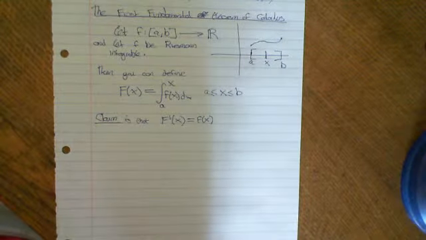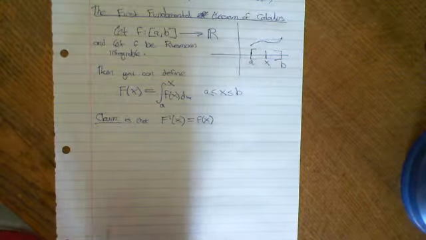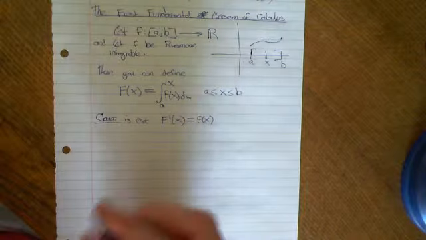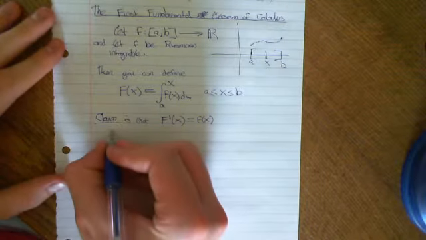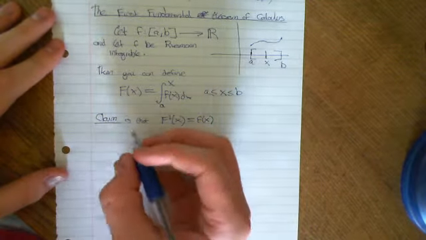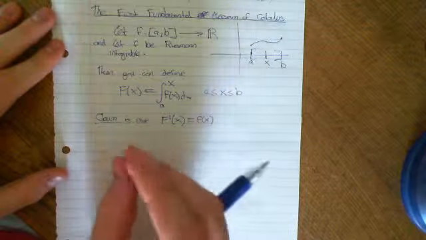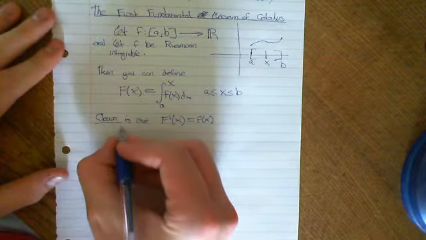Okay, so how do we prove this then? Well, let's take our definition of differentiation. The derivative is the limit of a quotient, so let's write out that quotient.